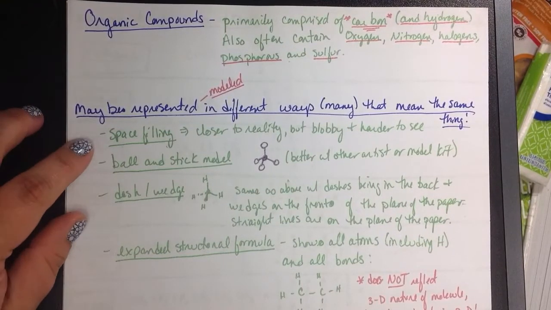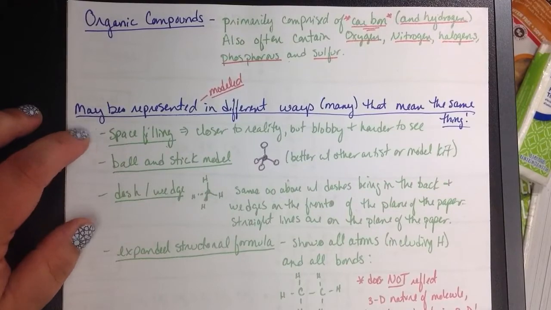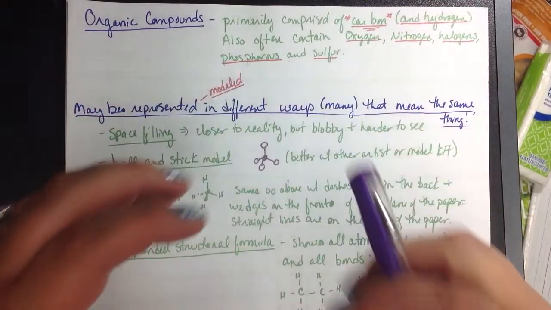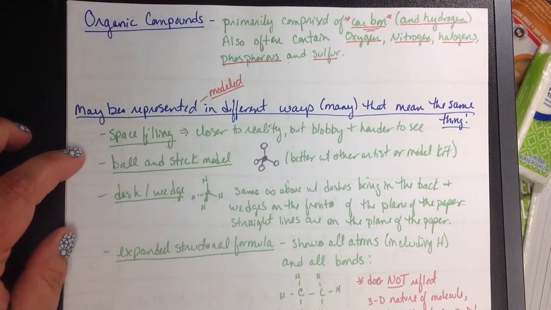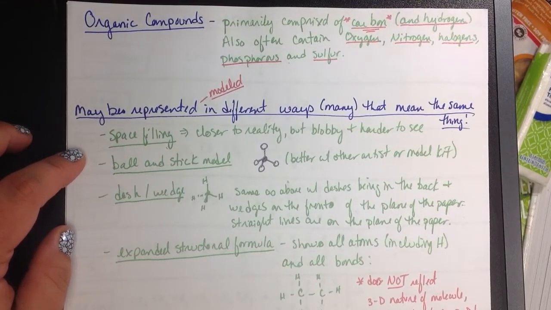Something you'll see quite often in a textbook is the space-filling model. This can look a little bit like a bulb, because this is what's closer to reality, but we can't really see it very well because it's kind of blobby.